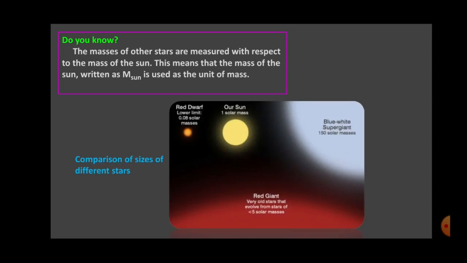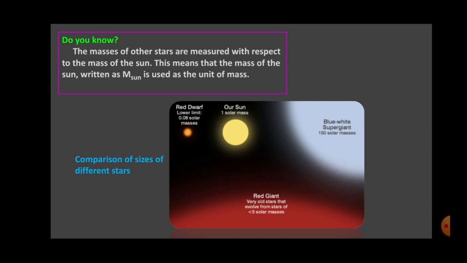Then, how to compare the sizes of the different stars? As you can see in the picture, students, the sun is used as a unit. You can see the red dwarf, that is a small star. You can see the blue-white supergiant. You can compare the size of the sun with this blue-white supergiant, right? So it is 150 solar masses.